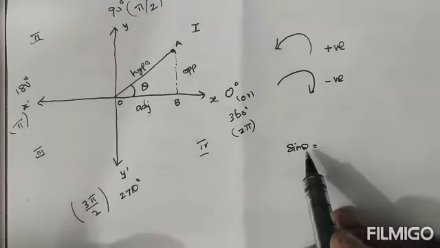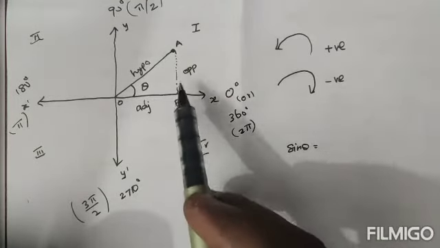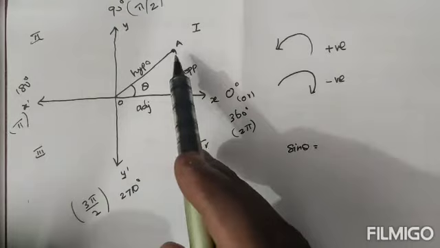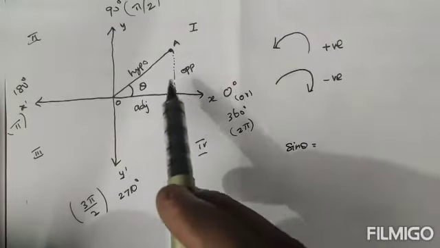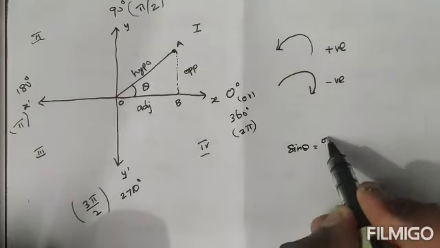Now let's see sin theta. The sin theta formula, you know, is opposite divided by hypotenuse. This is the positive x-axis, adjacent, opposite.